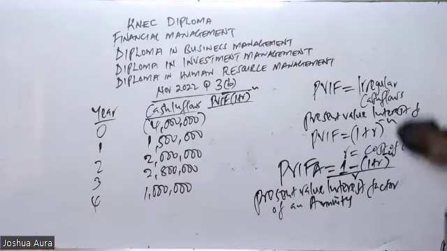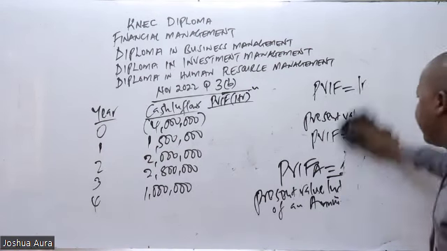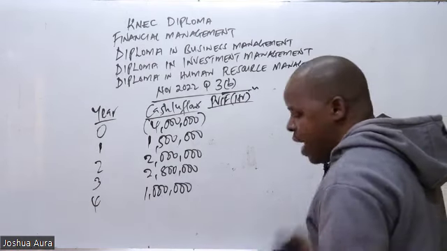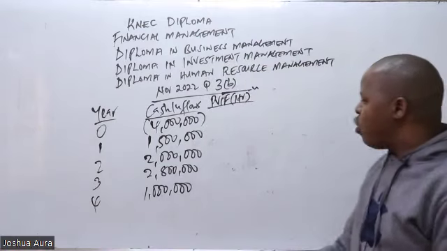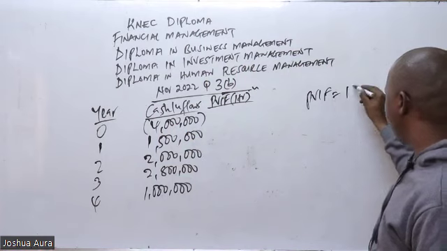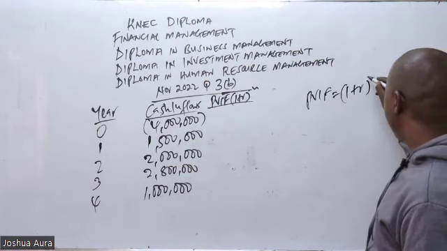Let me wrap this part so that we can have our workings here. So for year 0, that will be PV, which equals (1 + R) raised to negative n.